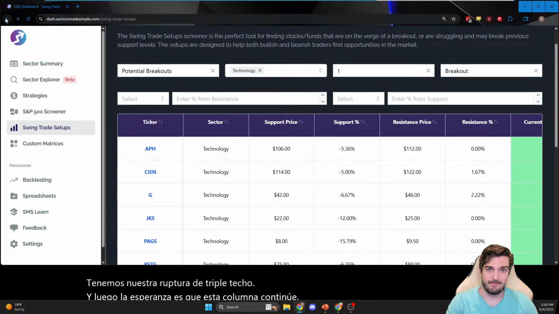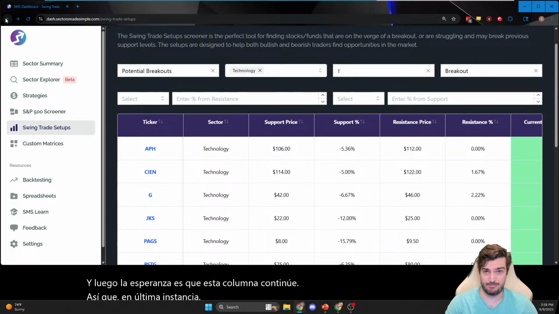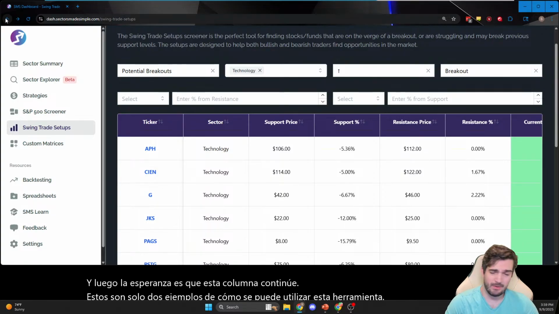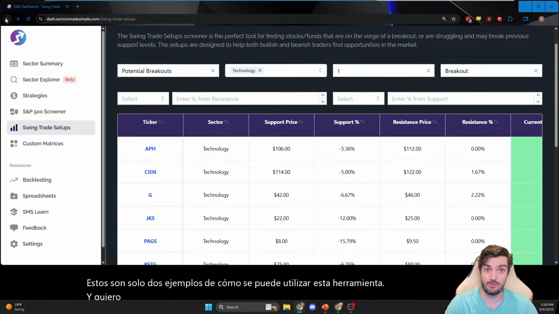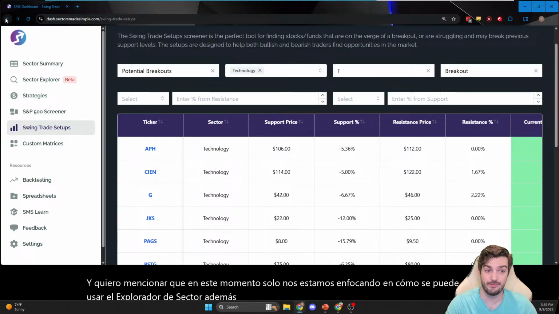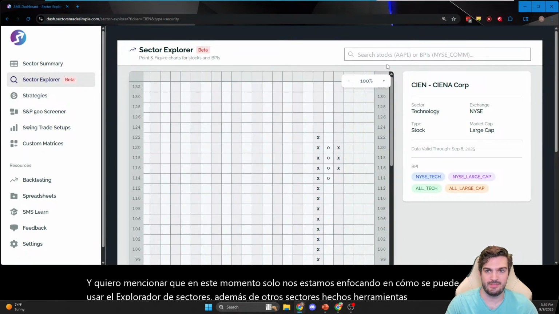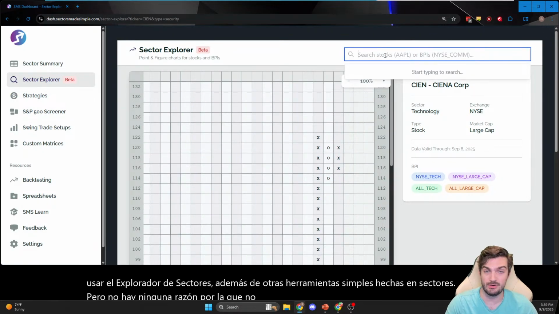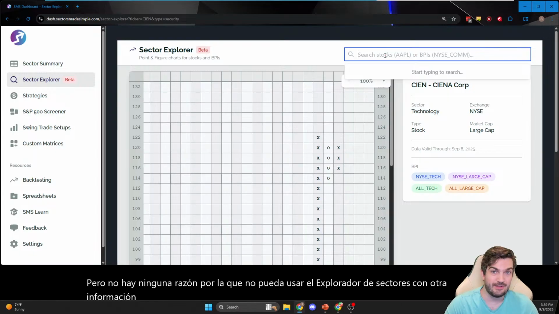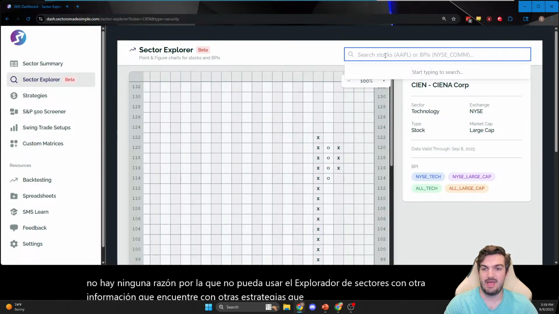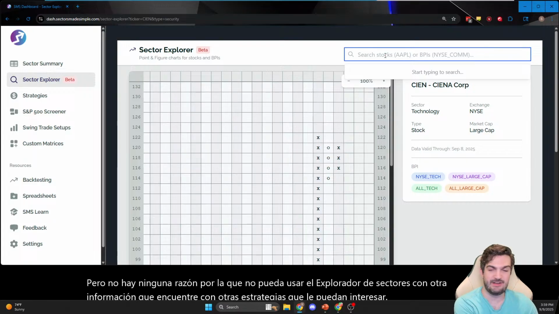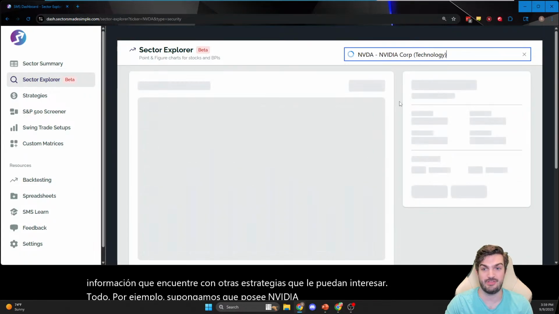So ultimately, these are just 2 examples of how this tool can be used. And I want to mention that right now we're only focusing on how the Sector Explorer can be used in addition to other Sectors Made Simple tools, but there is no reason that you can't use the Sector Explorer with other information that you find out there, with other strategies that you might be interested in. For example, say you own NVIDIA and you want to know how much risk there is.